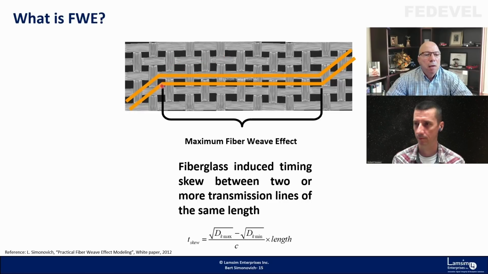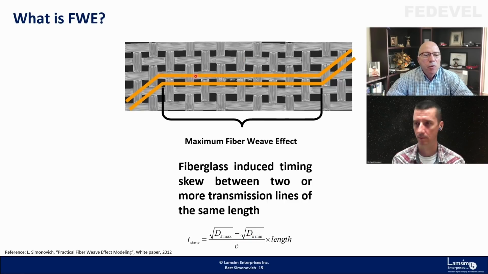You can see that if you have a differential pair, and one trace of the pair is routed mostly on the fiberglass strand, and the other, because of the spacing between, happens to land in between, you're going to get a difference of decay that this trace sees versus this trace. And decay means the speed of the traveling of the signal will be different. Right, essentially.